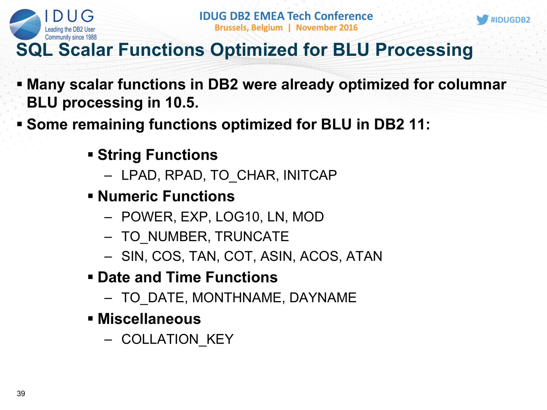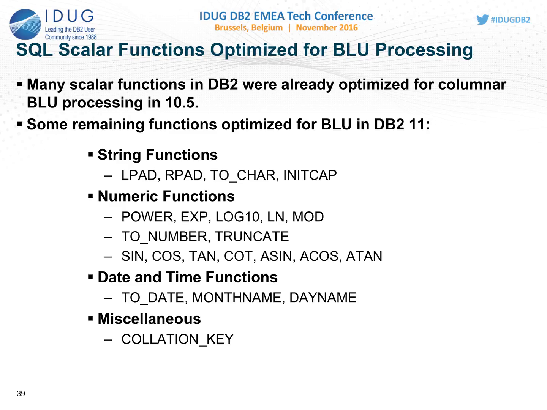Okay, so scalar functions. Even in 10.5, we have optimized many of the most commonly used scalar functions for blue, meaning that the scalar functions can be evaluated directly on the compressed column organized format in the blue engine. But in 10.5, we hadn't done that for all scalar functions.